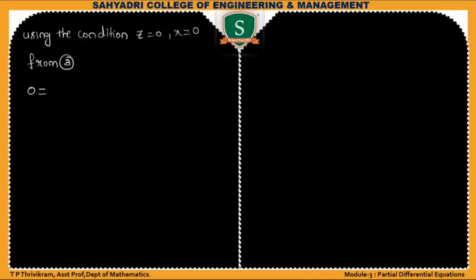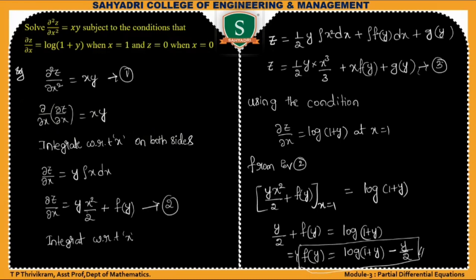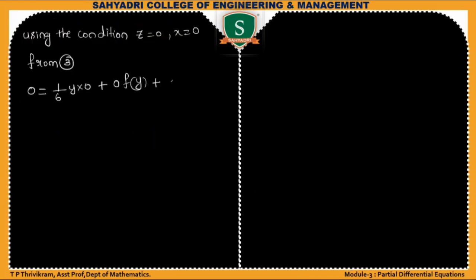That means 1 by 6 y into 0 plus 0 into f of y plus g of y. Okay, so all terms become 0, g of y is also 0.